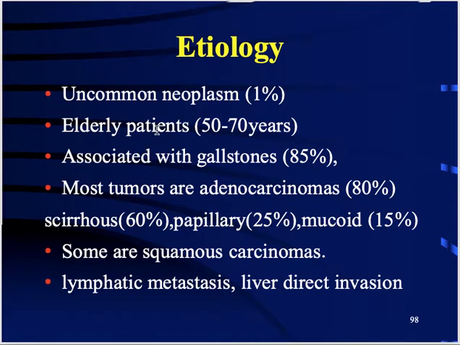Simply, the prognosis is not good. Very rare, affects old people, but very aggressive. So when it is aggressive, of course, the results are not good. Or you can say, if it is not diagnosed at early stages, the patients die.